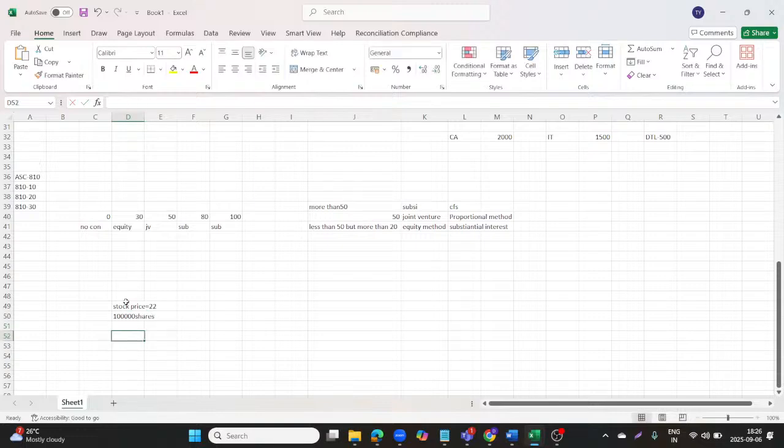Now how will you record it? We will say investment in subsidiary. Investment will be 1 lakh into 22, and credit to the cash account, that is 22 lakhs.